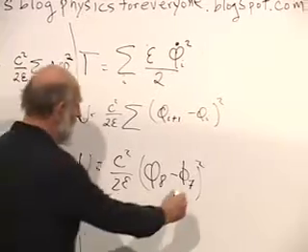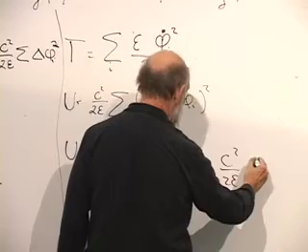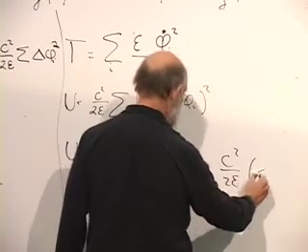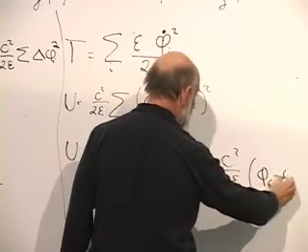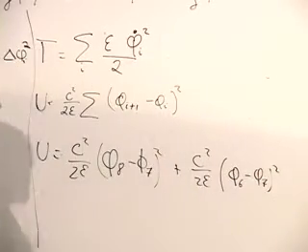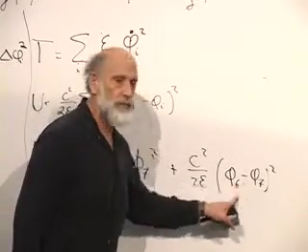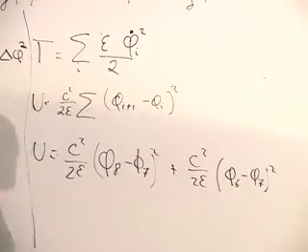And then plus c squared over 2 epsilon times (phi 6 minus phi 7) squared. And again, it doesn't matter whether we write phi 7 minus phi 6 or phi 6 minus phi 7. They're the same thing, squared.